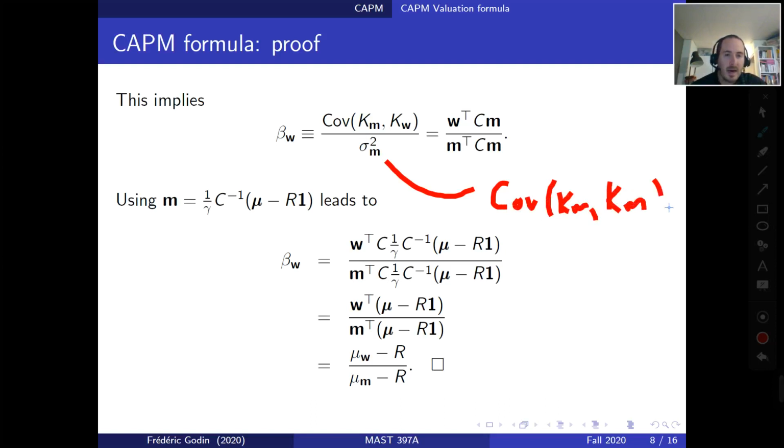Because of that, at the numerator here, this is what we just showed in the previous slide.